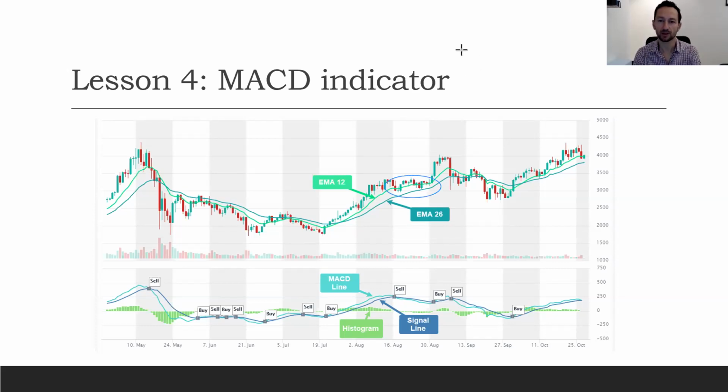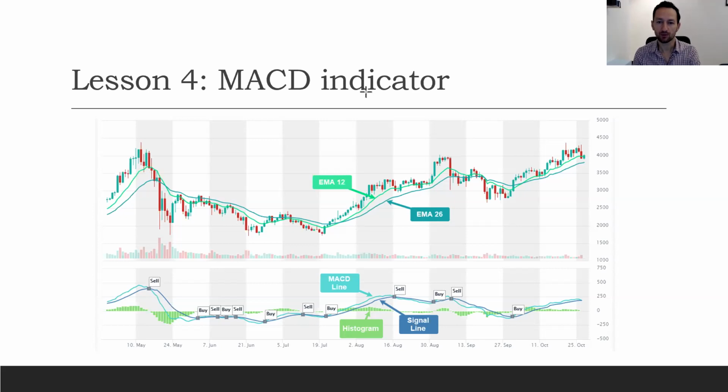Now, the other component that the MACD trading strategy or indicator uses is the signal line. And the signal line is essentially another exponential moving average, EMA, with a 9-day period of the MACD line itself. Okay, so it's a moving average of the moving averages, if you will, and it's designated here in blue.